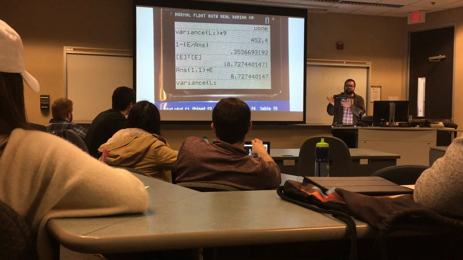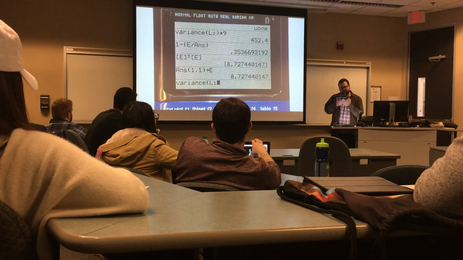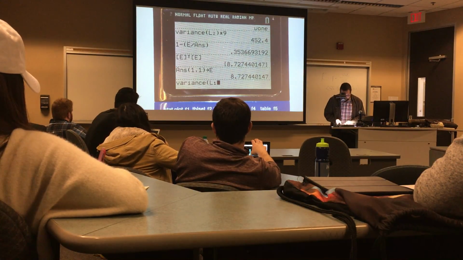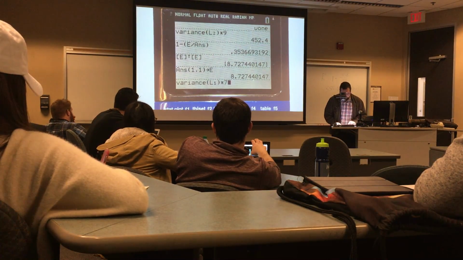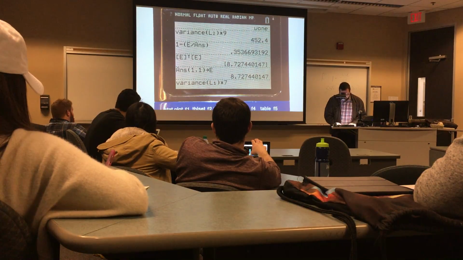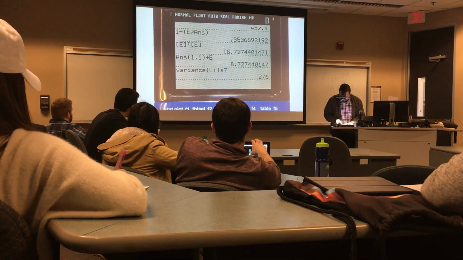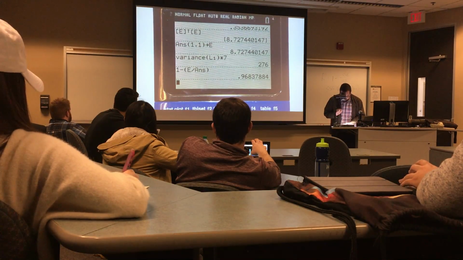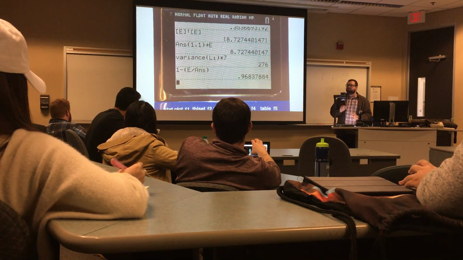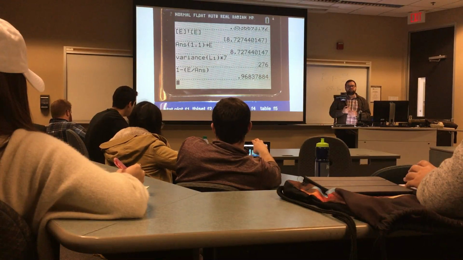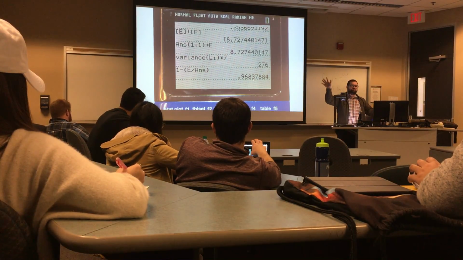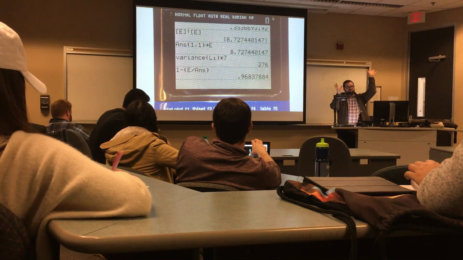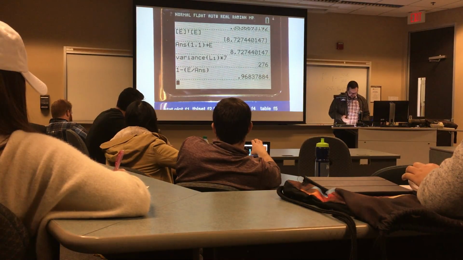We don't need to transfer A again into list 1. It had the same dependent variable. So we just do the variance of this times 7, because we had 8 observations, minus 1. Gives us that, and then 1 minus E divided by the answer is r squared. That's the whole thing.